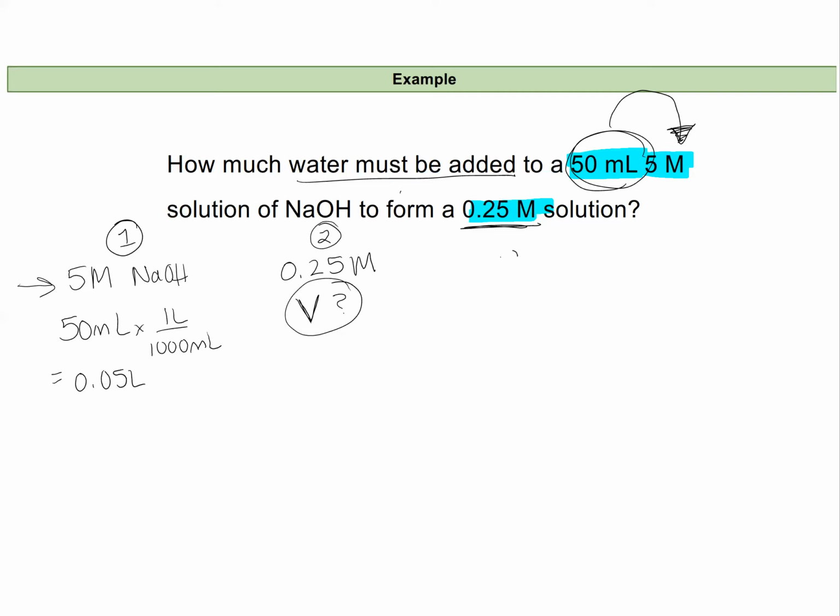So let's set this up. C1V1 equals C2V2, where C is concentration. So initially I have a concentration of 5 molar. And I have a volume of 0.05 liters.